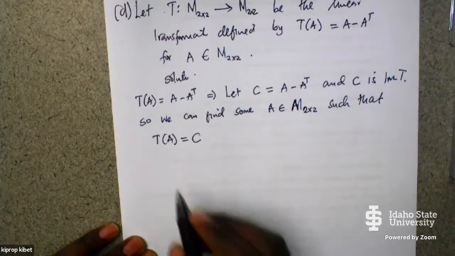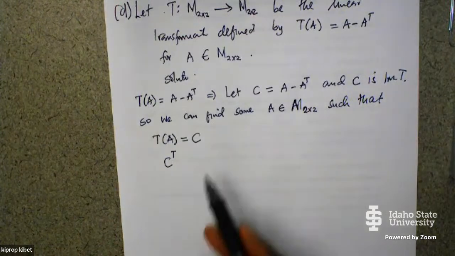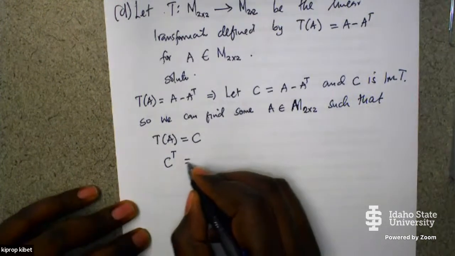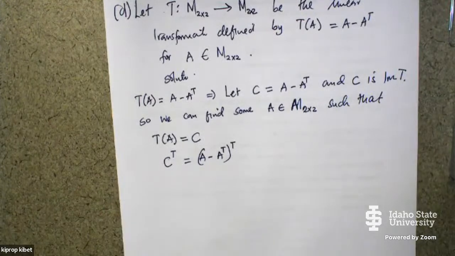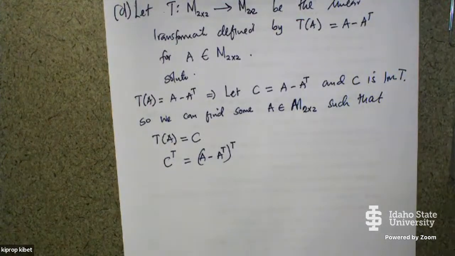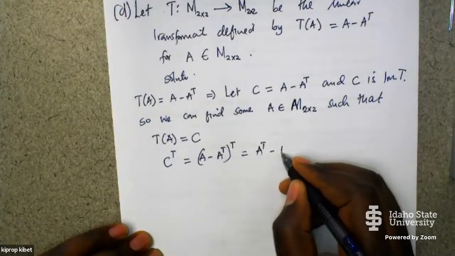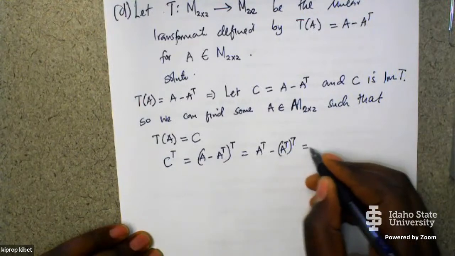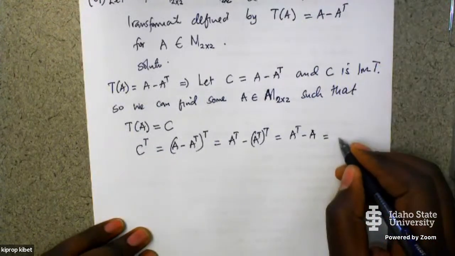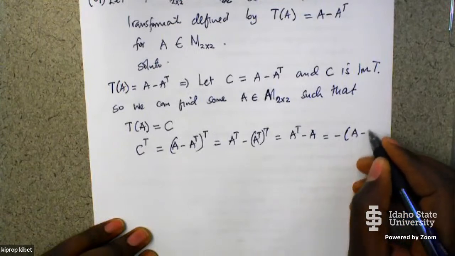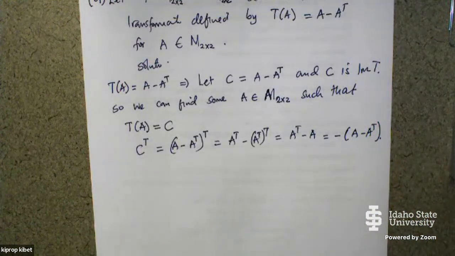Now if we transpose, C transpose is the same as A minus A transpose, transposed. This is equal to A transpose minus A, which is the same as minus (A minus A transpose).